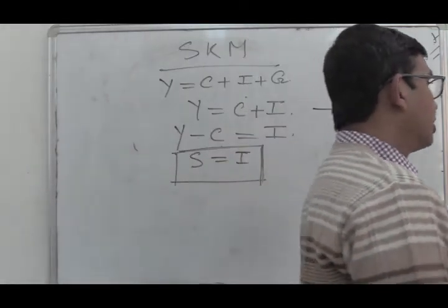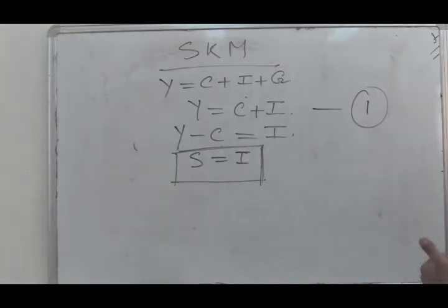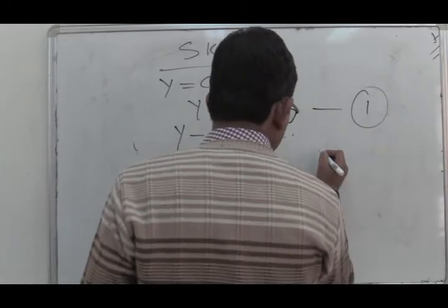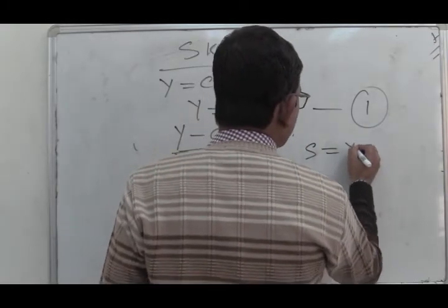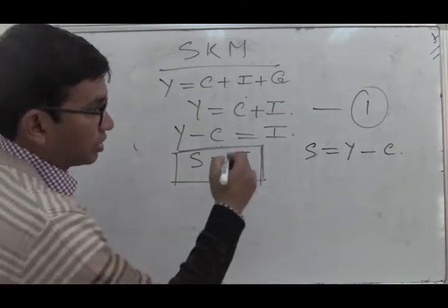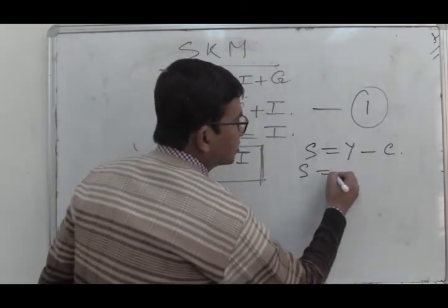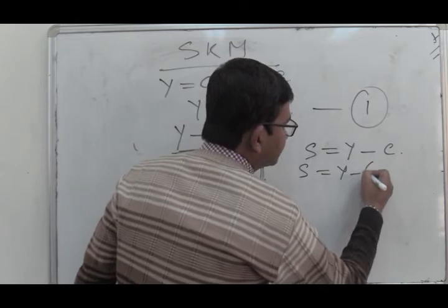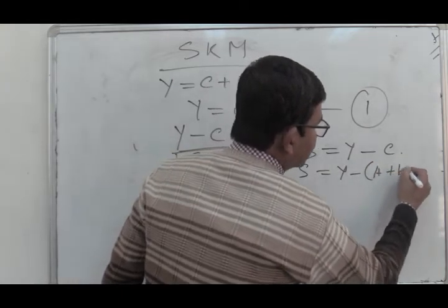So now we will try to find out what the savings function in the economy is. So savings S equals Y minus C. So if we do it, S equals Y minus A plus BY.